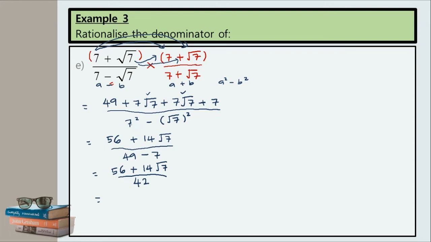So 56 divide by 14, 4. 14 divide by 14, 1. 42 divide by 14, 3. That's why our final answer is 4 plus surd 7 over 3. So this is our final answer. As we can see here, denominator kita dah tak ada surd dah. Okay, so this is our final answer.